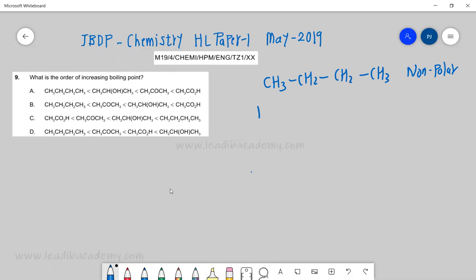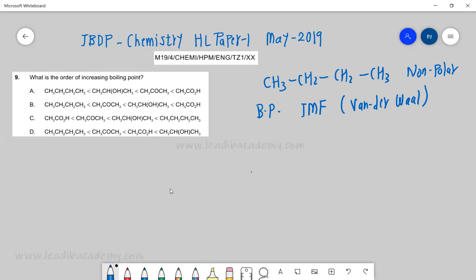So please remember, when we talk about boiling point, the real main concept is IMF, intermolecular force of attraction, or what we call van der Waals forces. This is a very, very important concept.